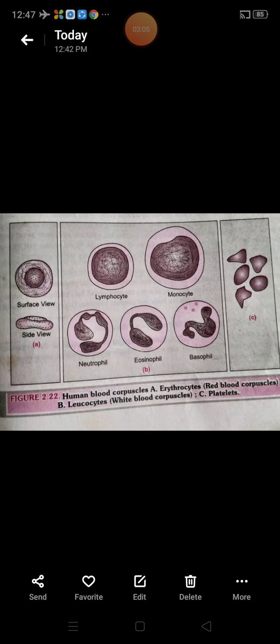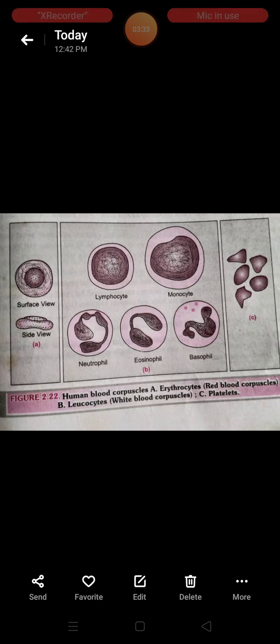Next one is the WBC. It shows amoeboid movement and plays a great role in the defense mechanism, and WBCs are categorized into phagocytes and immunocytes.